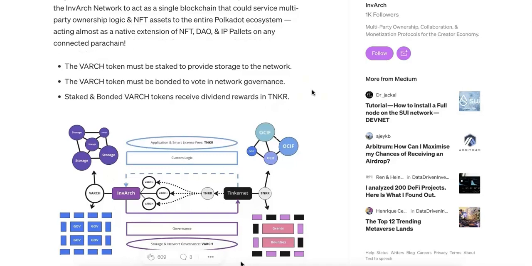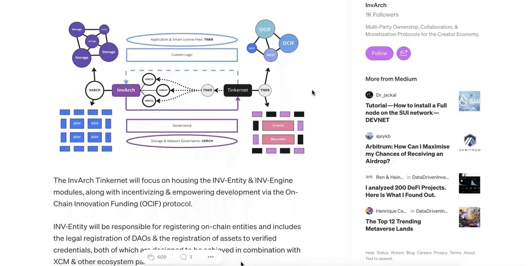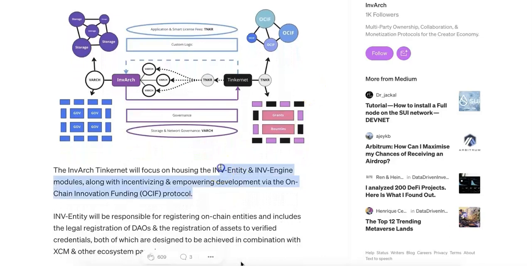The VARCH token you can stake to provide storage. You can bond to vote, so governance and storage, and then you will get rewards in Tinker. The Tinker would be the token on Kusama. This graph will show you how it works. From InvArch, you will earn the Tinkernet token, and the Tinkernet token will have its utilities as well.